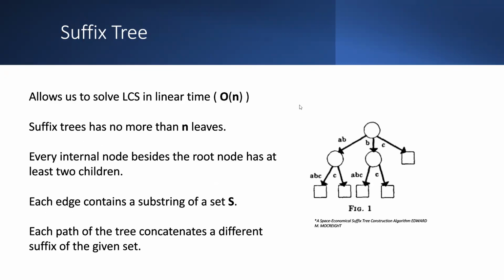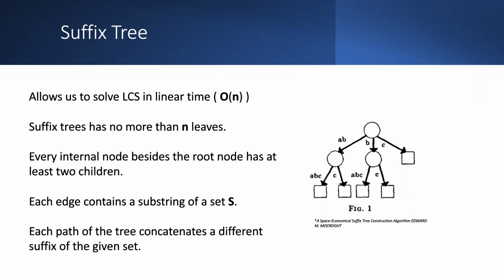So how do we do this? The way we can do this is through a structure called a suffix tree. This is going to allow us to solve this problem in linear time. A suffix tree, as you can see to the right, has no more than n leaves.